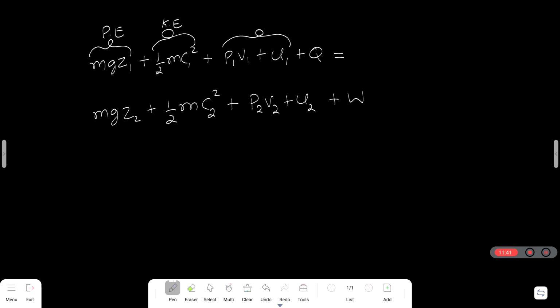Input: potential energy, kinetic energy, flow energy, internal energy plus the heat input to the system. Output from the system is the same: potential energy, kinetic energy, flow energy, then internal energy U2, plus the work done by the system.